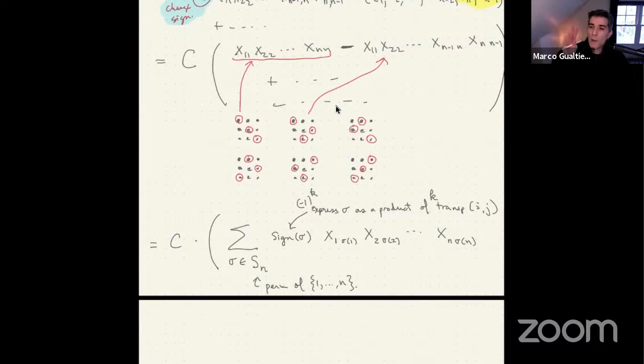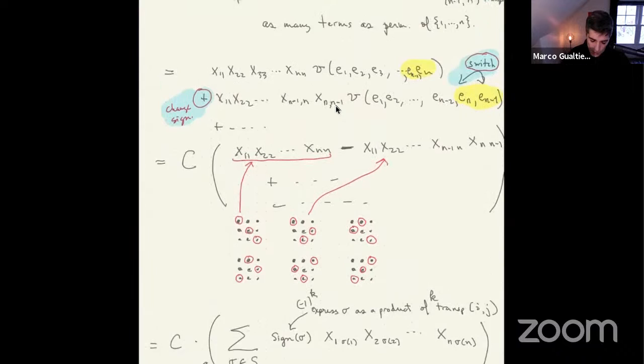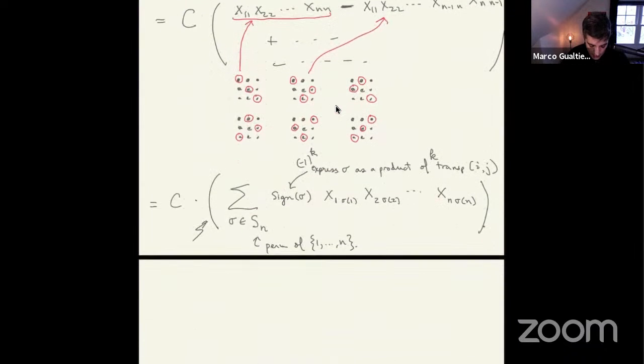Okay, so if it requires k transpositions, you're going to get k minus signs because of the behavior of the volume. Okay, this quantity is called the determinant.